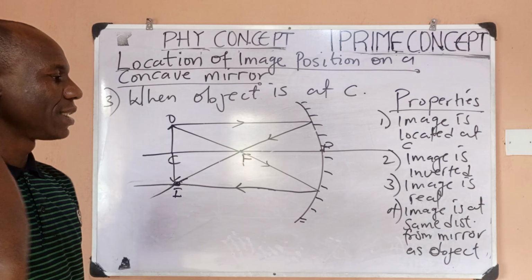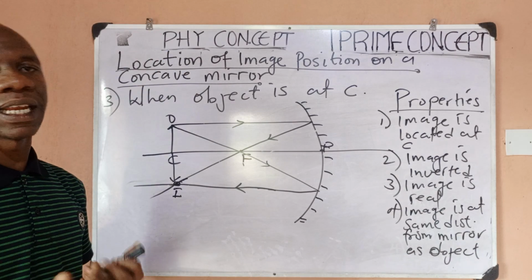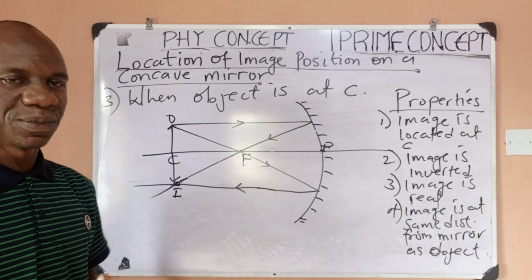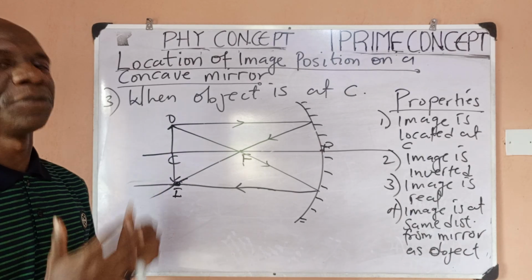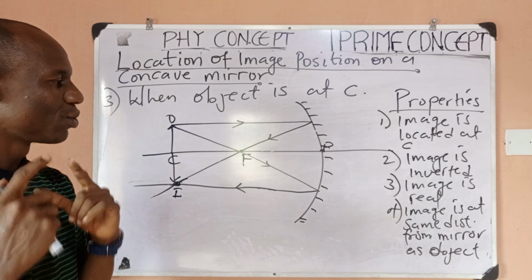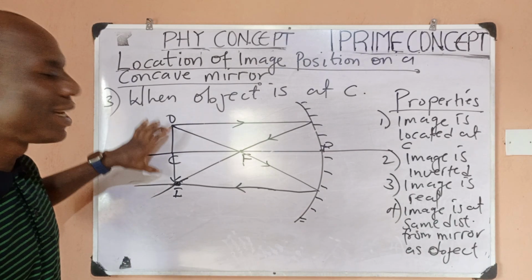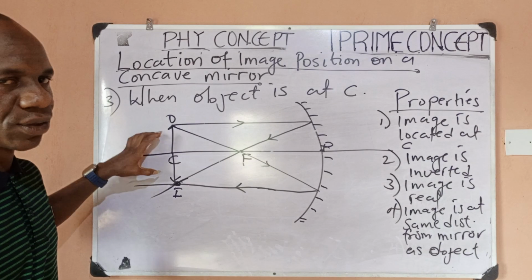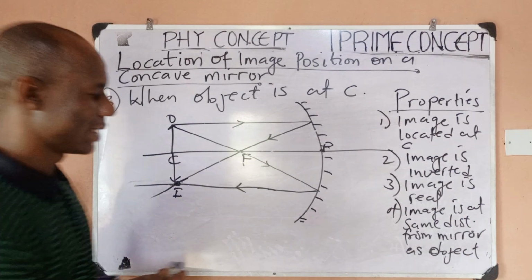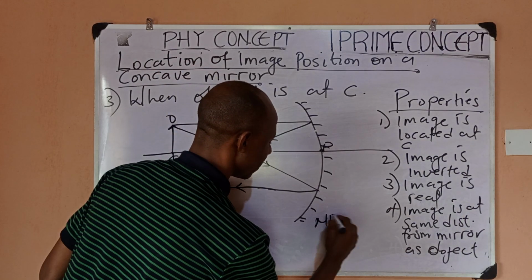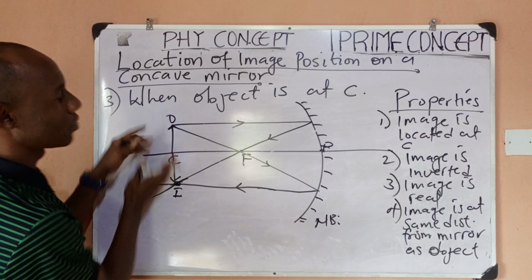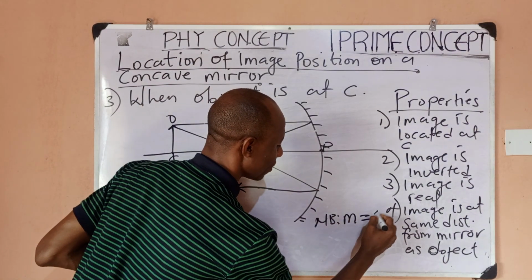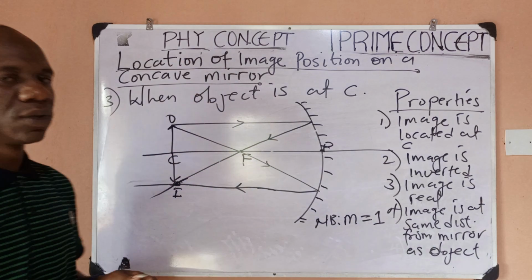Now, if your image distance, let's say, is 15 centimeter, what do you think your object distance would be? You are very correct. It would be 15 centimeter also. Now, you would notice that it is only under this condition for a concave mirror that you can obtain a magnification of 1, of unity.